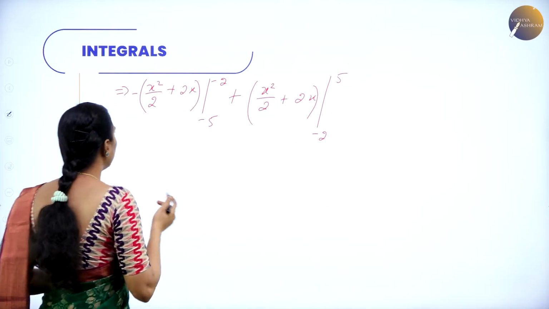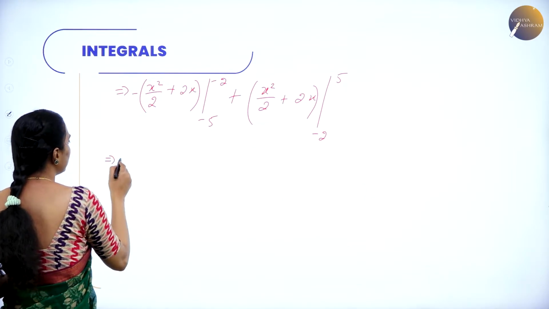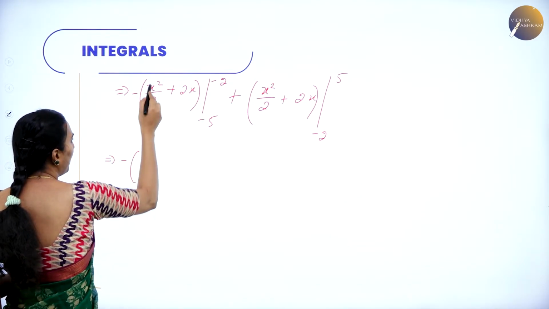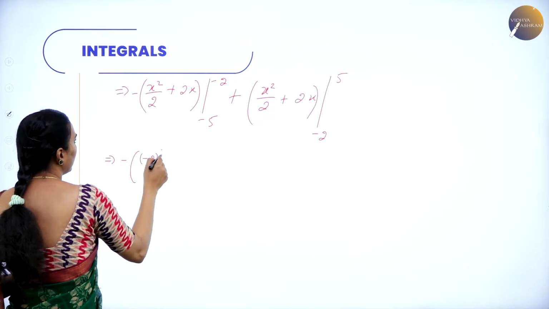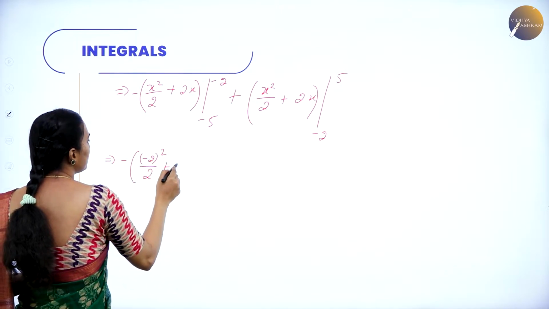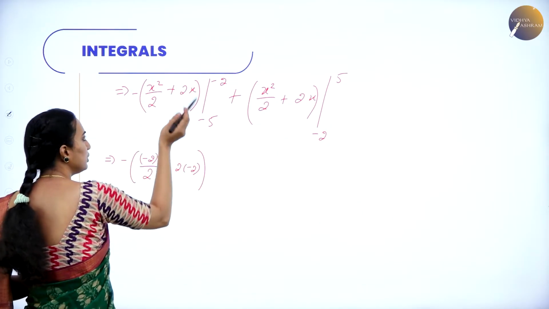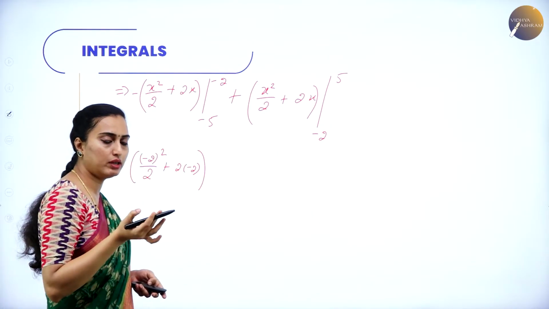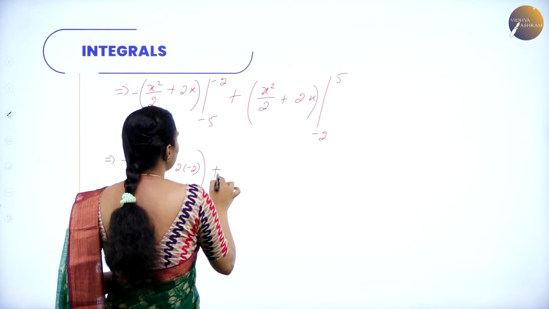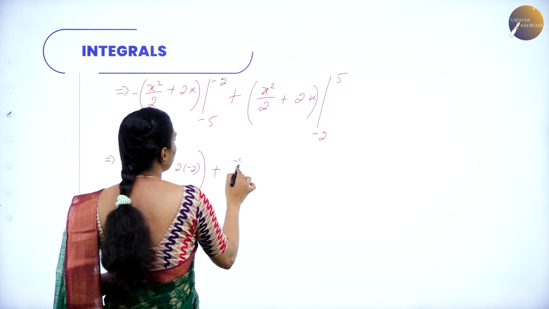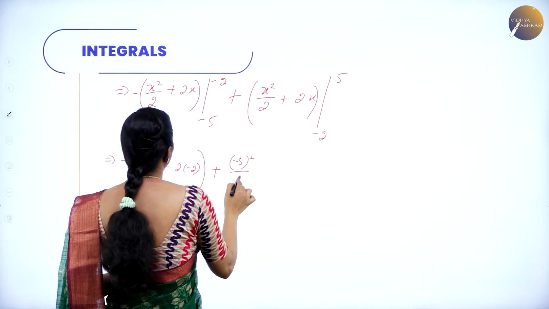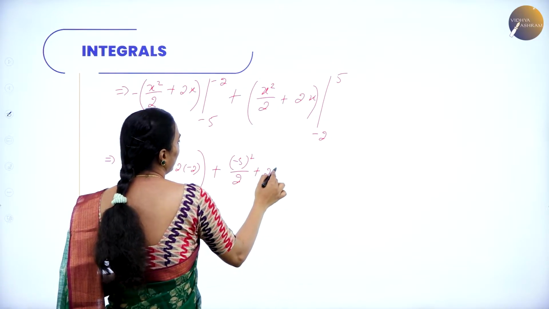That's it. Applying the upper limit, you are having minus of minus 2 squared divided by 2 plus 2 into minus 2. Again, the lower limit will be minus into another minus, which is plus. So minus into minus is plus: minus 5 whole square divided by 2 plus 2 into minus 5.